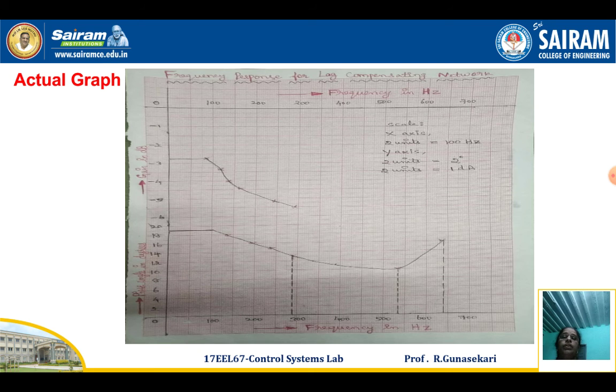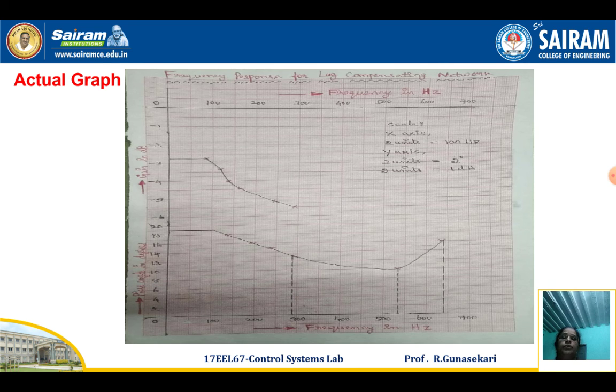Then the actual graph of the lag compensating network. You see, the above one is frequency versus gain in decibel, that is the magnitude. The below graph is frequency versus phase angle phi only. I am taking frequency on the x-axis and phase angle phi and gain in decibel on the y-axis for the given values.